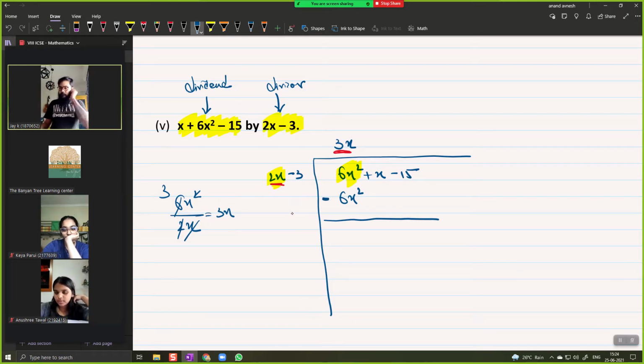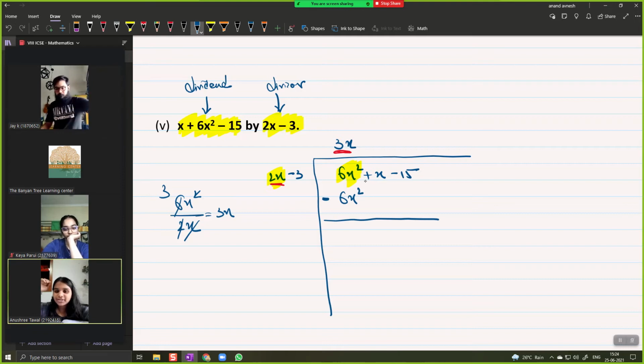Then multiply the first term of your quotient with the next term of your divisor, that is minus 3. Can anyone tell me what is 3x times minus 3? Sir, minus 9x.